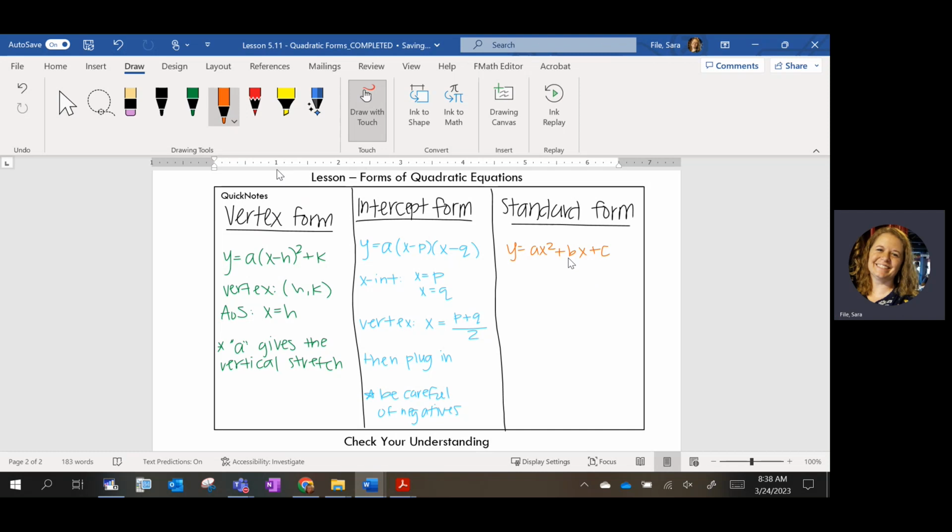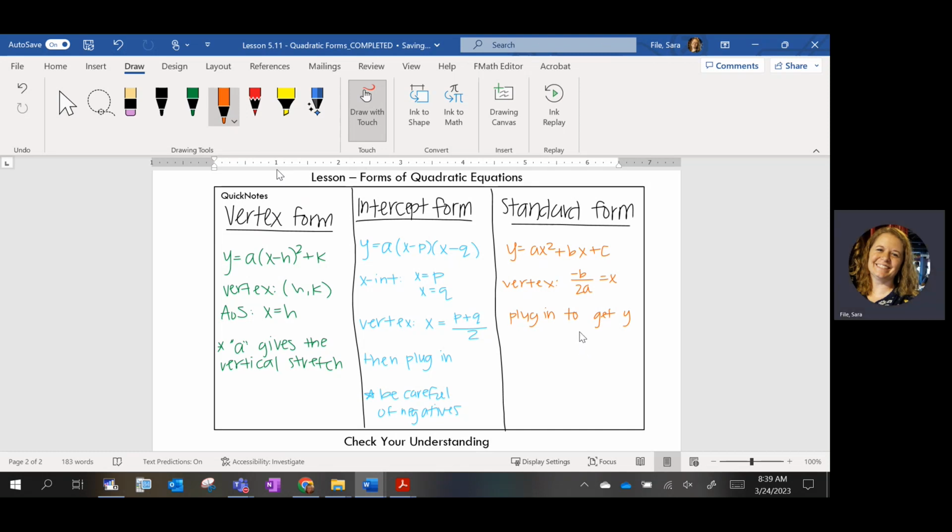And this is the form where you learned back in Algebra 2, I'll refresh your memory, to get the vertex from standard form, you have to do negative b divided by 2a. That gives you your x. Okay, and then you do the same thing, you plug in to get y once you find that x.